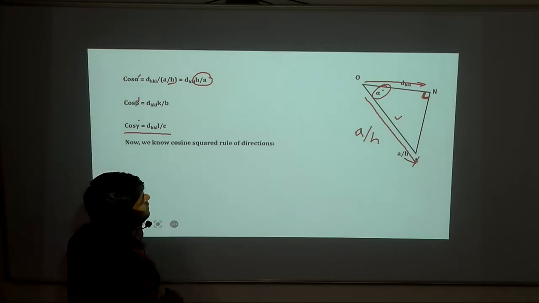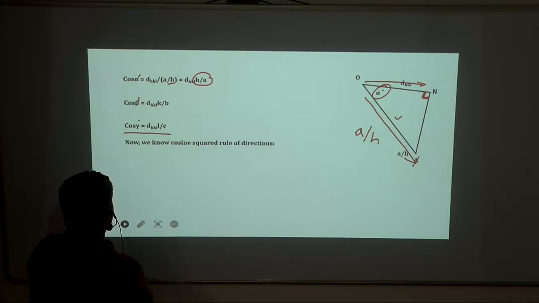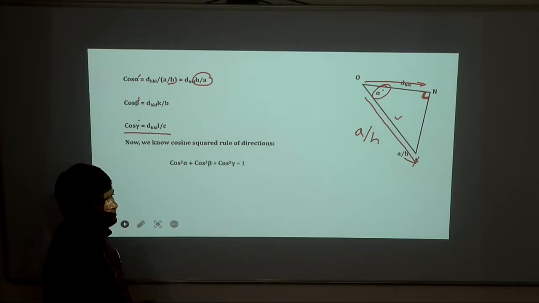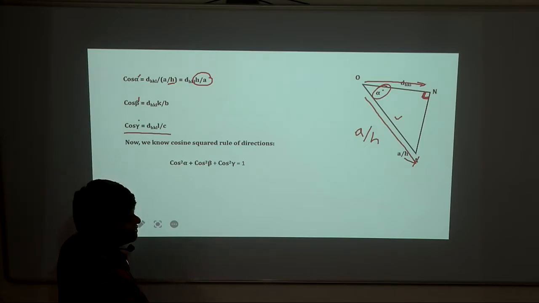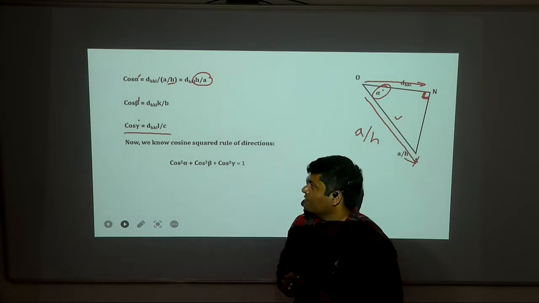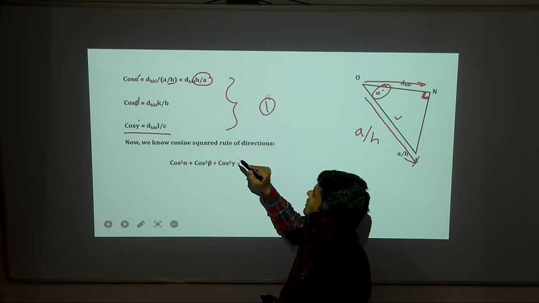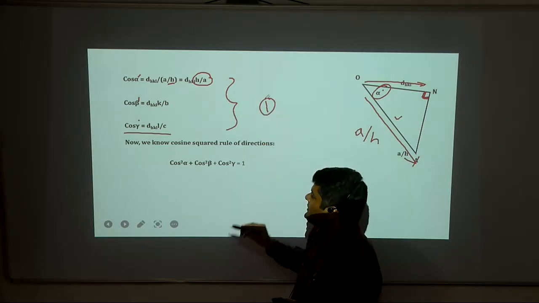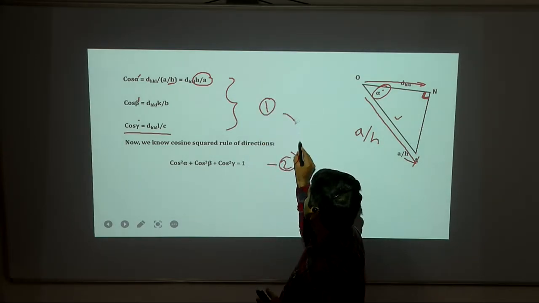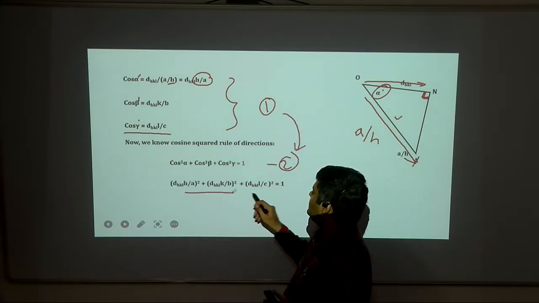Now we know the cosine squared rule of direction, which is cos square alpha dash plus cos square beta dash plus cos square gamma dash equal to 1. By putting these values of cos alpha dash, beta dash and gamma dash into this equation 2, we get this equation.